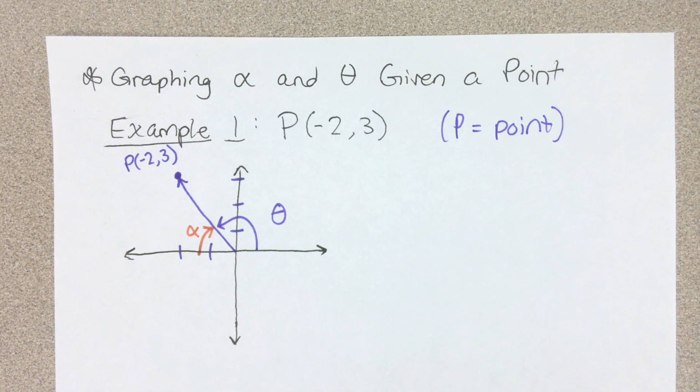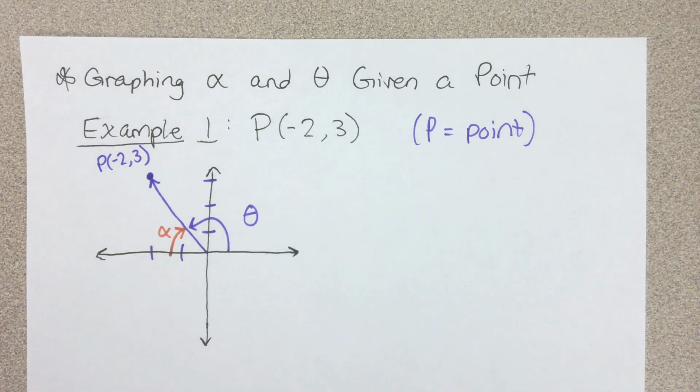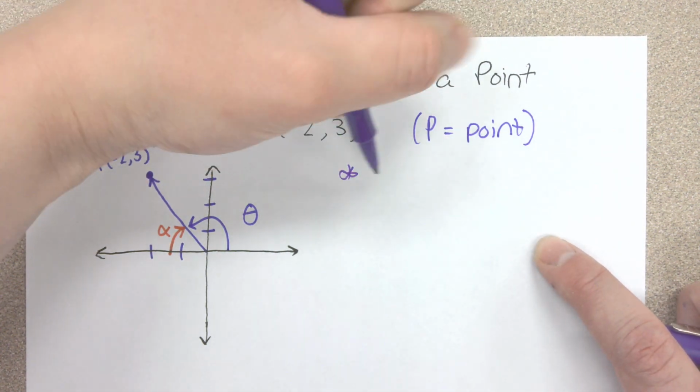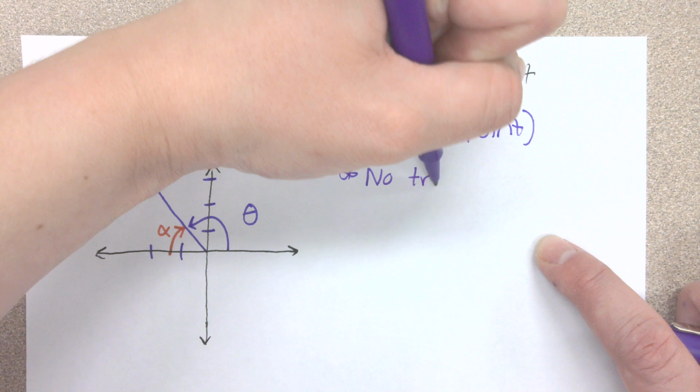This time, we don't have a trig function that we're given, so we can't just solve, get our theta and alpha, and go on our merry way. So this is where we're returning back to the triangles. So I'm going to make a note about that if you want to write any of that down. No trig function given.